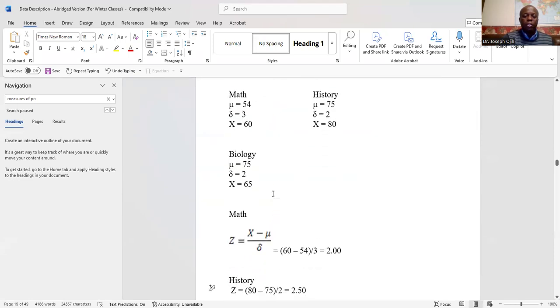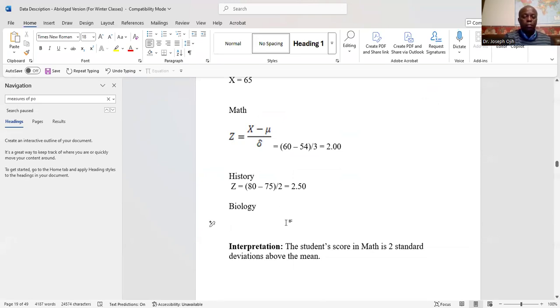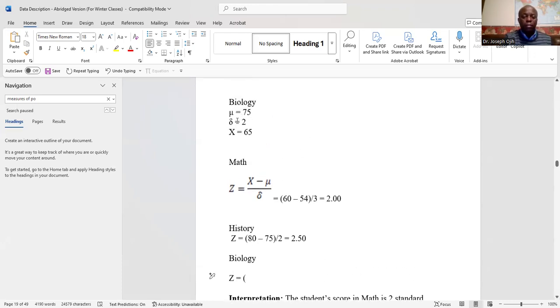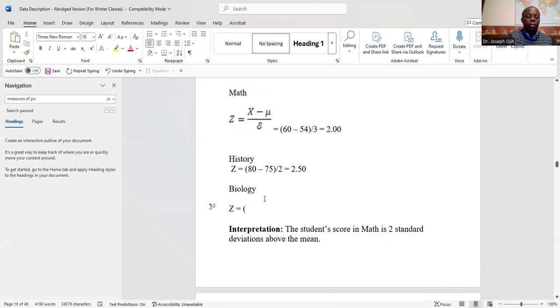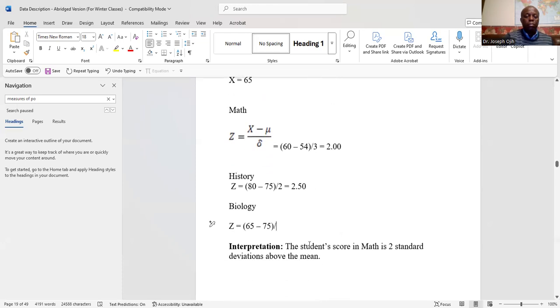So for biology, Z now becomes: X is 65 minus 75, divided by the standard deviation of 2.